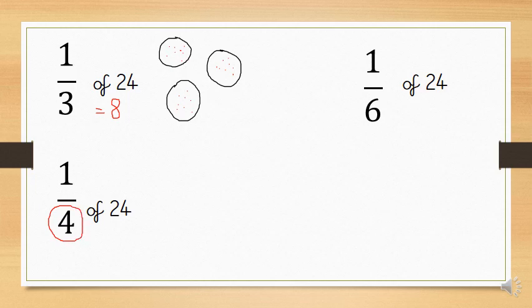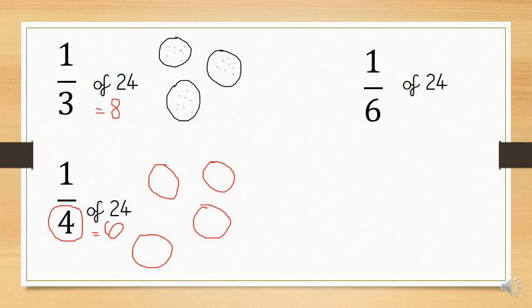Okay, so for this question, you should have drawn 4 circles, and then shared out your 24 counters, and you would have found that each circle had 6 counters. Some of you might have just done 24 divided by 4, which was 6. That's absolutely fine, whichever way you find easiest.